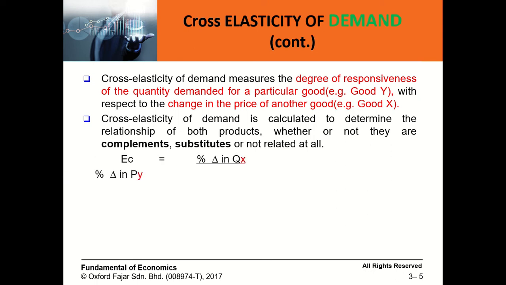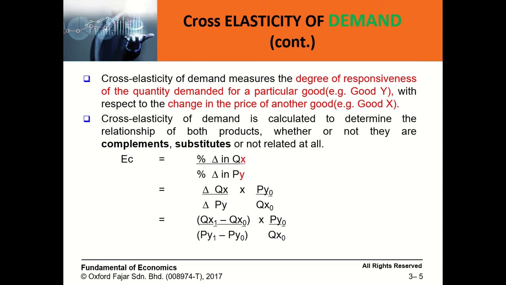Now the formula is the same, where on the top you can see the percentage change in quantity of good X, and on the bottom we have the percentage change in the price of good Y. But they are interchangeable, meaning the quantity of good X can be replaced with good Y, and the price of good Y can be replaced with the price of good X, as long as these are two different goods.